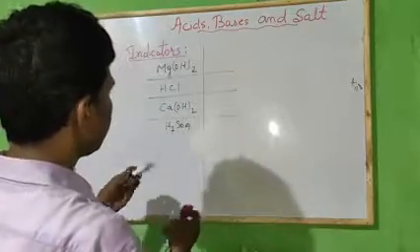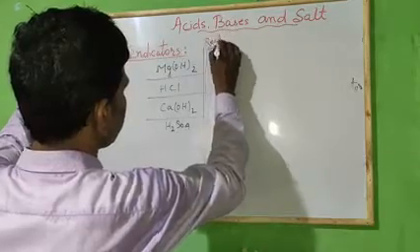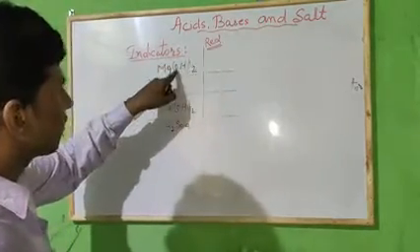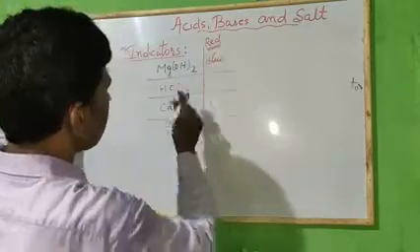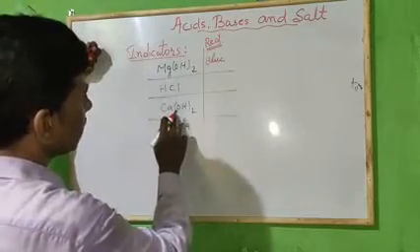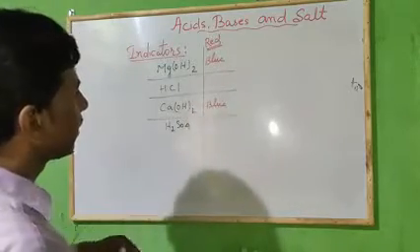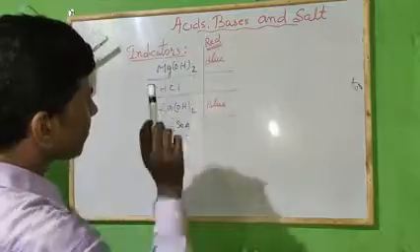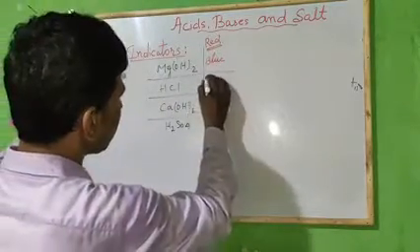If I am using red litmus, so it is base, so red litmus turns into blue. Here also, in this case, red litmus turns into blue. Clear? But red litmus remains red in hydrochloric acid and sulfuric acid. It means no change.